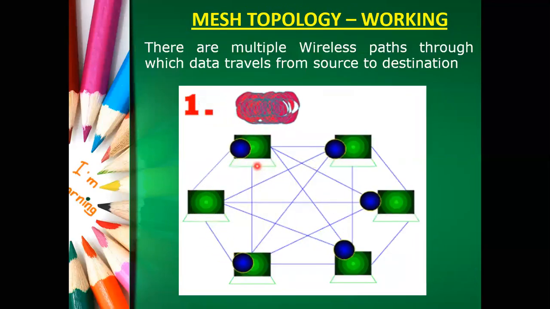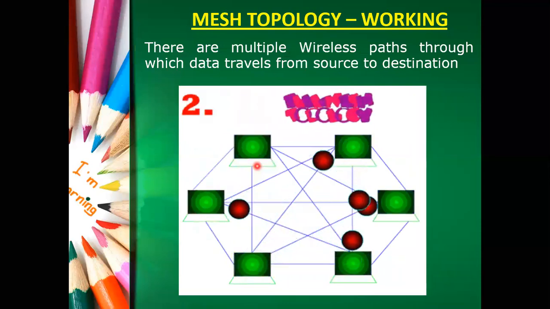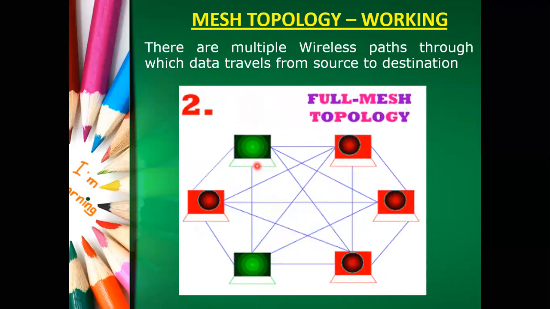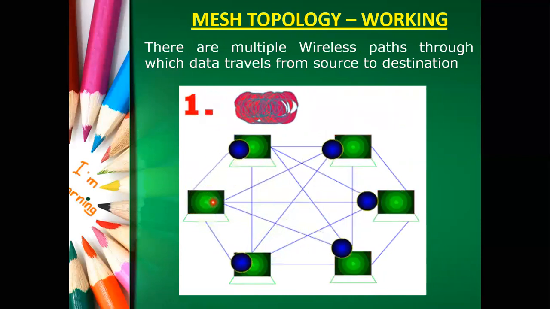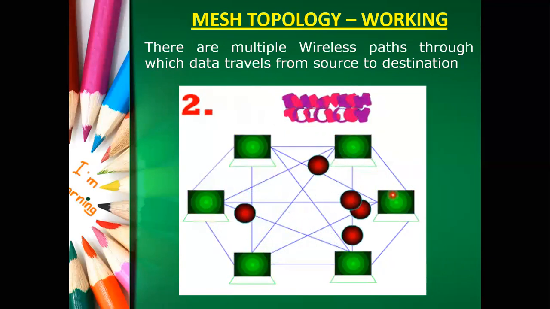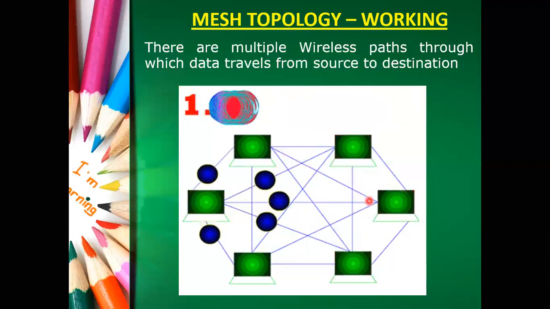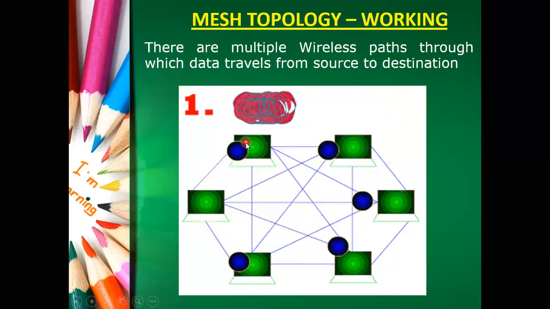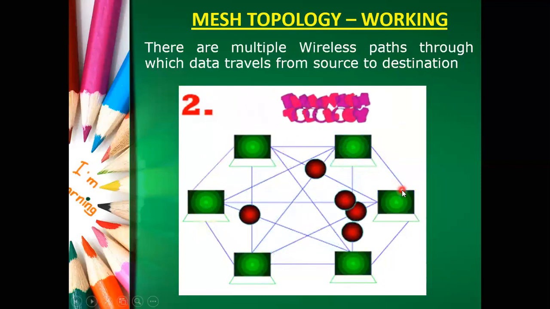In this type of network topology, there are multiple paths through which data packets can travel, meaning if one computer wants to send data to another node and one path is not working, then the data can flow from another path.